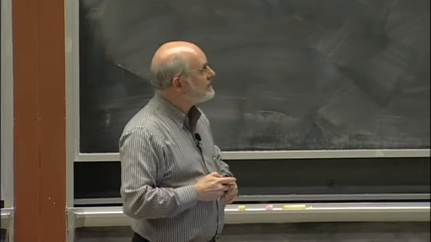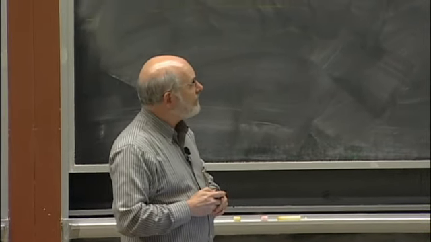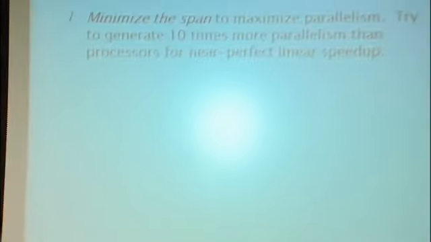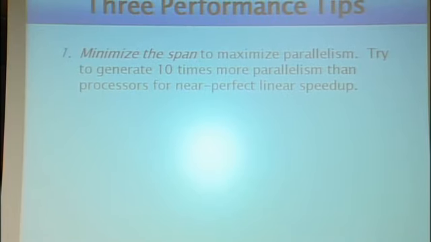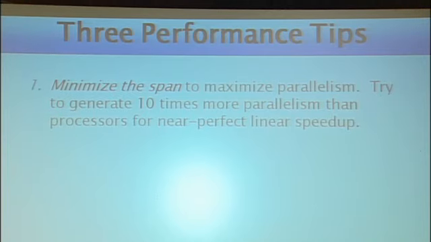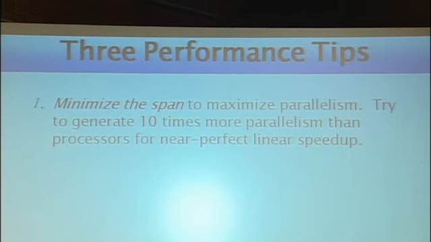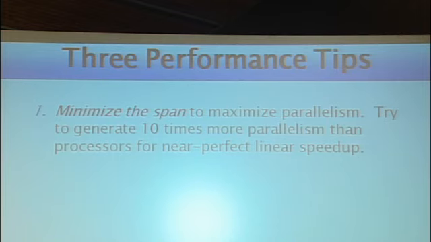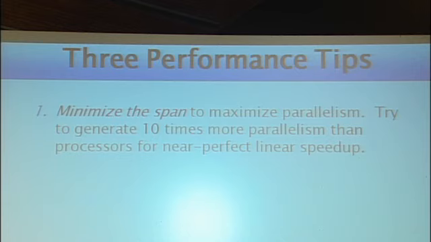Okay, so here are some tips for performance. You want to minimize the span. The parallelism is the work over the span, so you want to minimize the span to maximize parallelism. In general, you should try to generate something like 10 times more parallelism than processors if you want to get near perfect linear speedup. In other words, a parallel slackness of 10 or better is usually adequate.